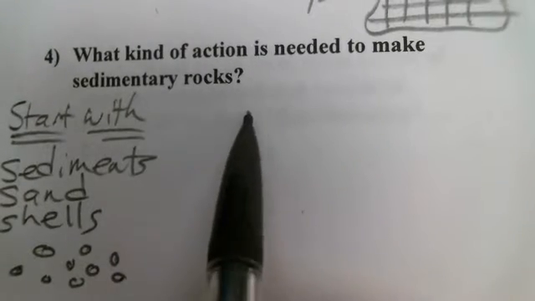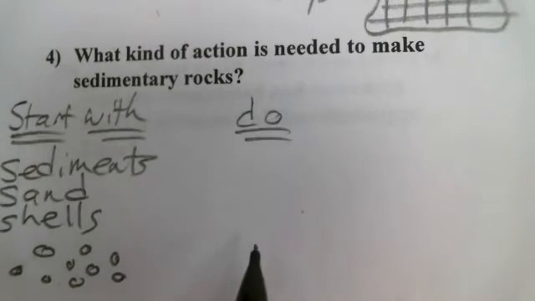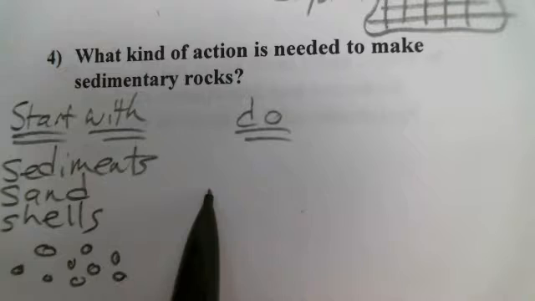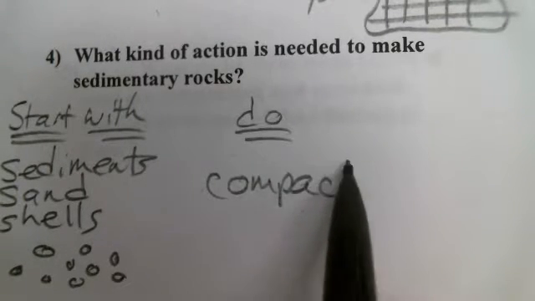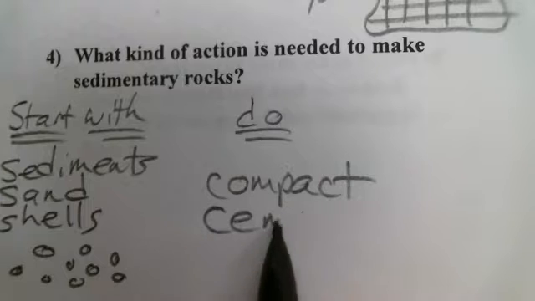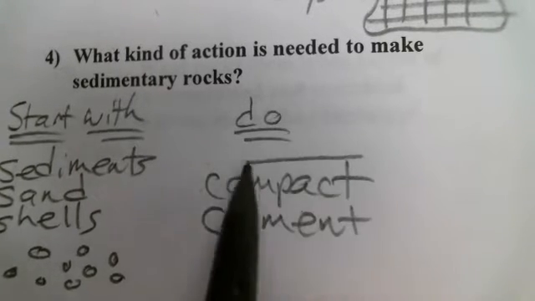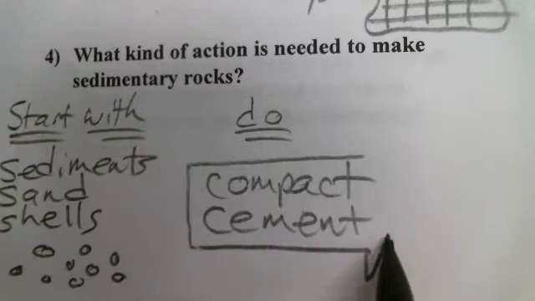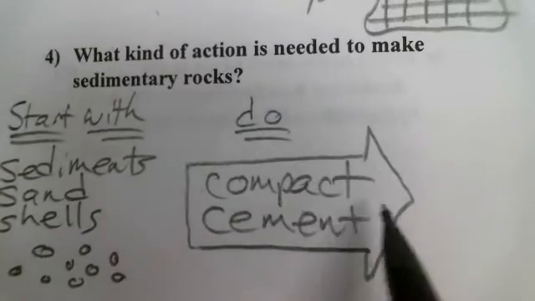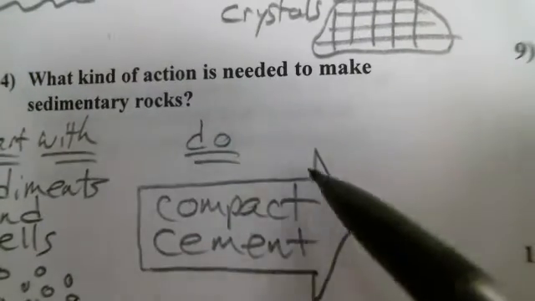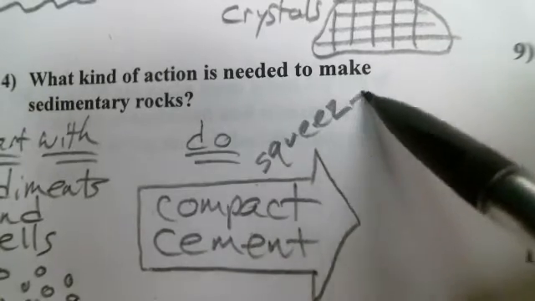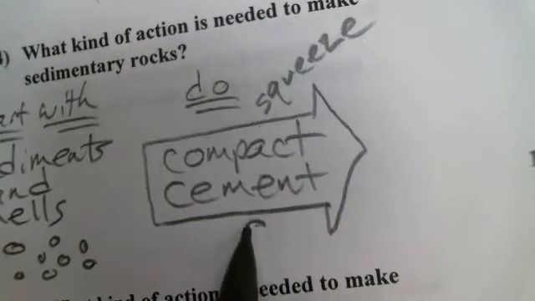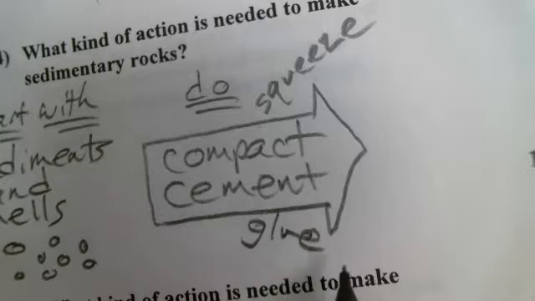And what do we do with these things? Well, we are going to do 2 things. We're going to compact it, and we're going to cement it. Compacting, meaning to squeeze. Let's write that up here. And cementing it, meaning to glue it together.